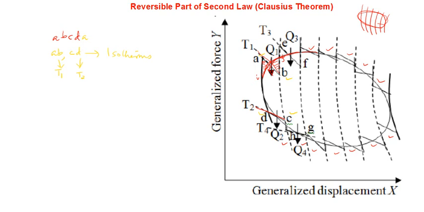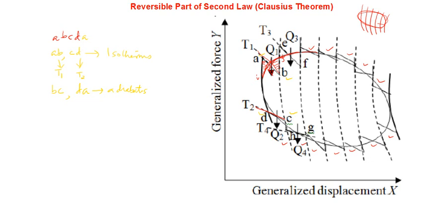And what about the other two curves? The other two curves are BC and DA. What about these two? These two are adiabats. And always verify that adiabats connecting to isotherms will always be steeper than the isotherms. So these two are adiabats.